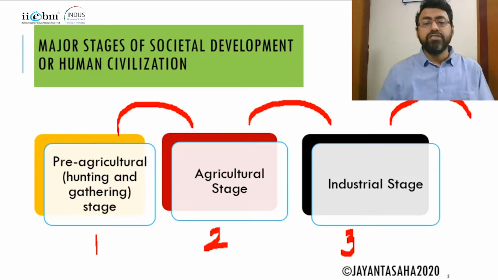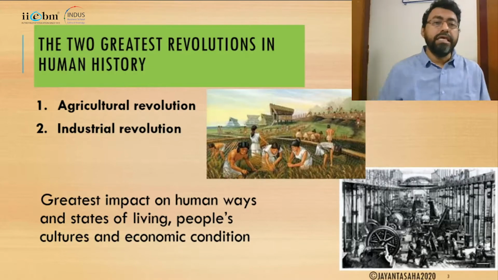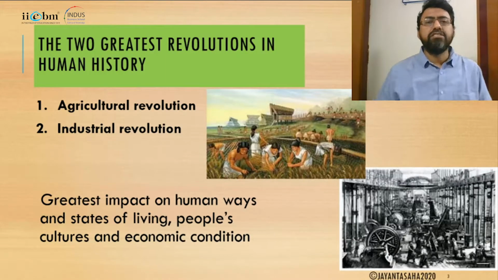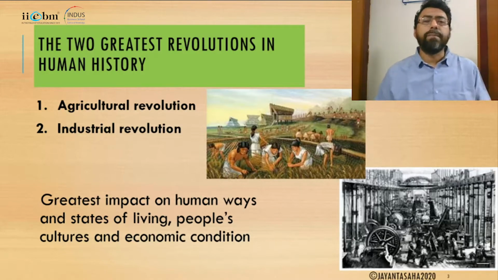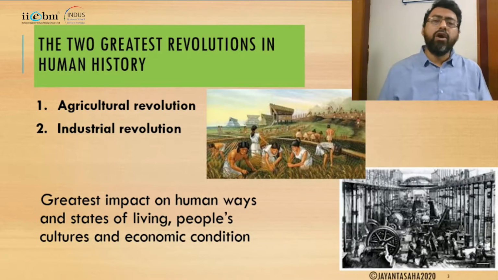Let us take an overview of these two great revolutions in human history. One is of course the agricultural revolution, the first wave of human civilization, where human beings move from a hunter-gatherer stage to a settled agriculture stage. In the next few slides, we would like to see why human beings were forced to, or were okay with, moving from one way of life to another.